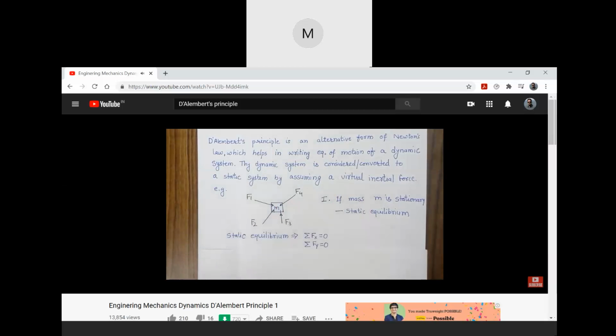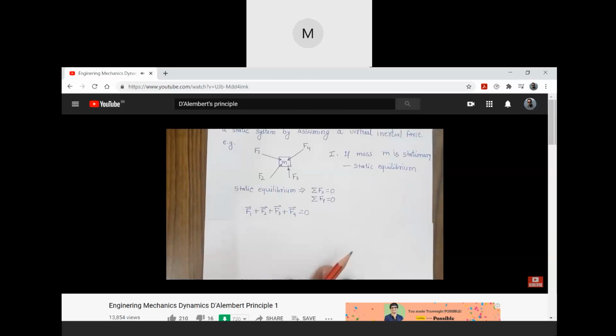Let's consider the first case where the system is stationary, and we can write the equation for static equilibrium, which says that the sum of all the forces will be zero.